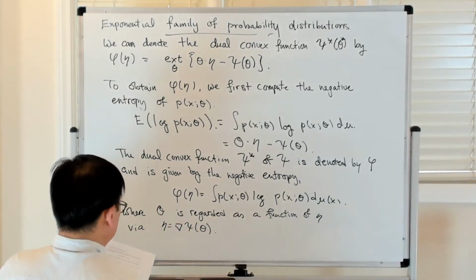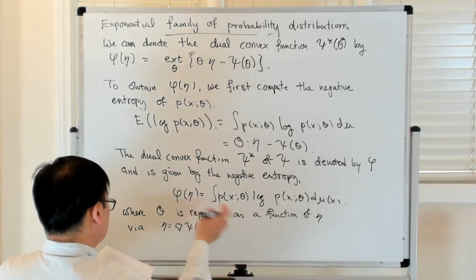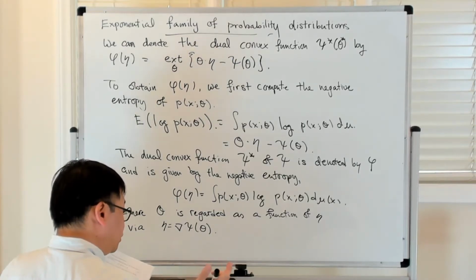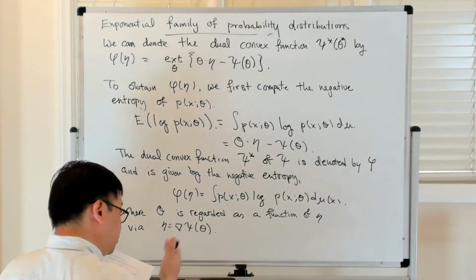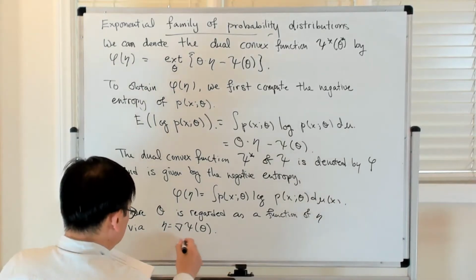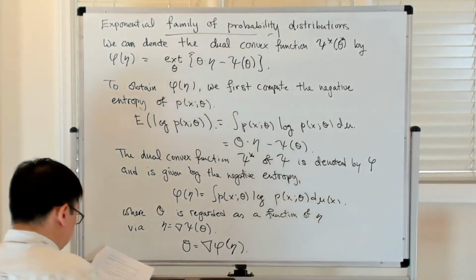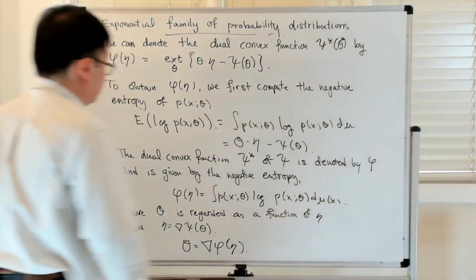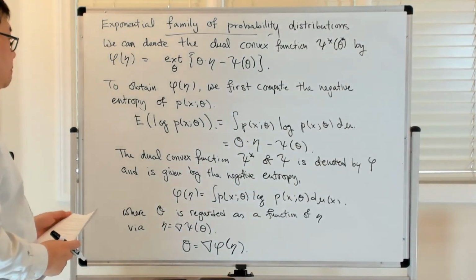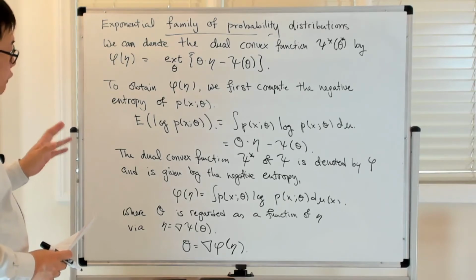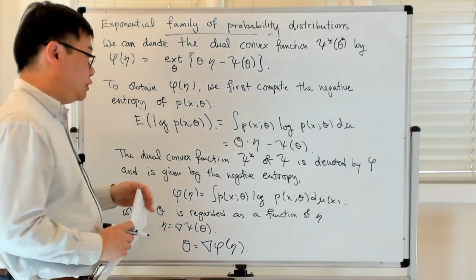If we recall, one of the points of introducing the dual convex function is that the Legendre transform of the dual convex function maps the dual variable back to the primal variable. So you get that theta is equal to the gradient of psi at eta. The thing worth noting is that the dual convex function is negative entropy of the probability distribution.